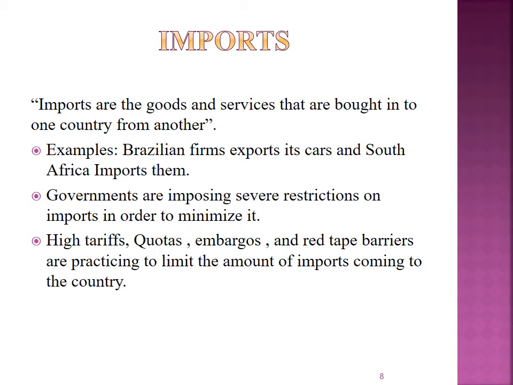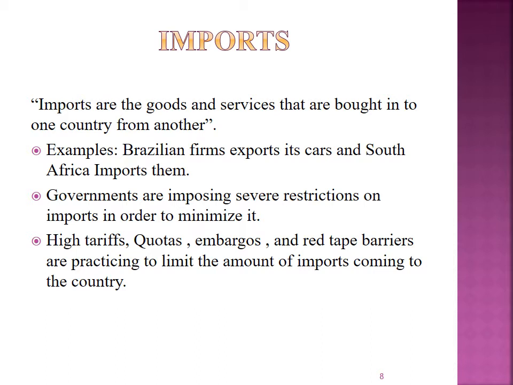Quota means a physical limit on bringing items to the domestic market. So, if the government puts a particular physical limit, then importers cannot import more than that. The other thing is embargoes. Some identified products are totally banned from being brought into the country.